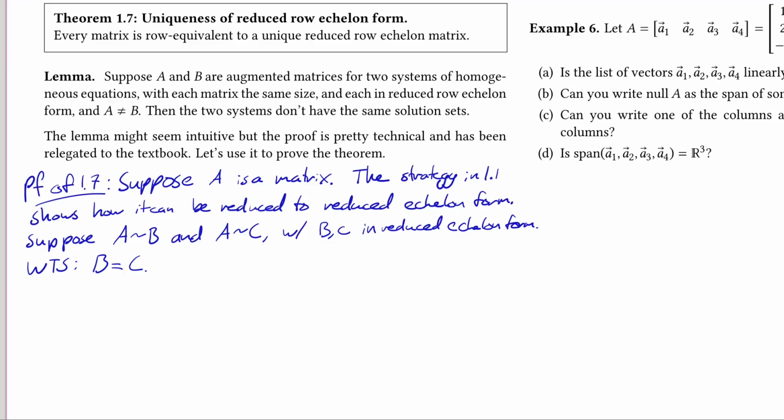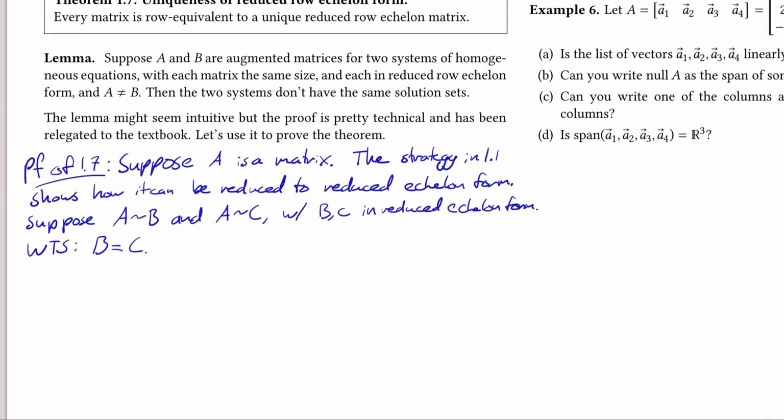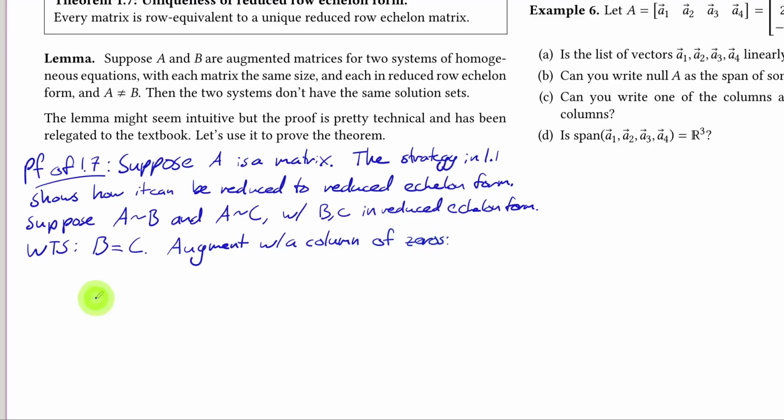Because if that's true, that means there's really only one matrix in reduced row echelon form that is row equivalent to A. What we're going to do is augment each of these with a column of zeros. We're going to call this A plus, which is A with an extra column of all zeros in it.